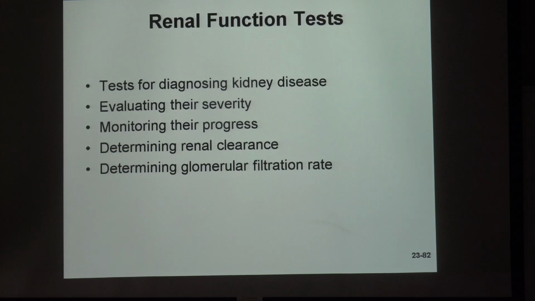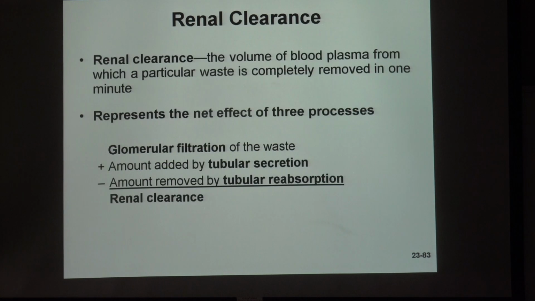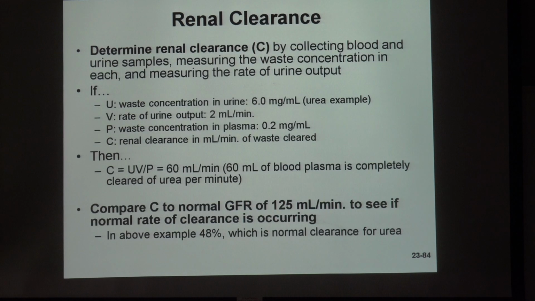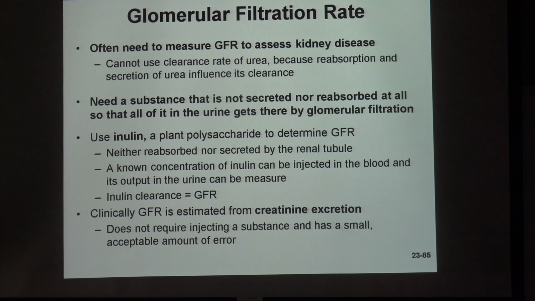Okay? Renal functional tests. We'll talk real quickly about the functional test and the renal clearance. So renal clearance is the amount or the volume of blood plasma that will be removed in 1 minute. And this basically indicates whether or not we're moving enough fluid through the system. I don't necessarily need you to know how this is calculated. What I do need you to know is that renal clearance indicates whether or not the kidney is functioning properly.